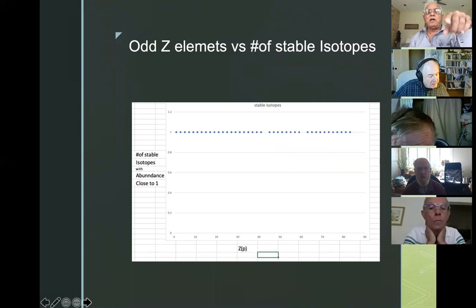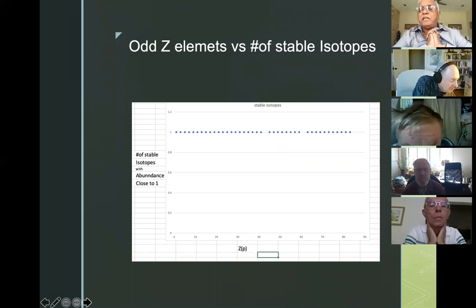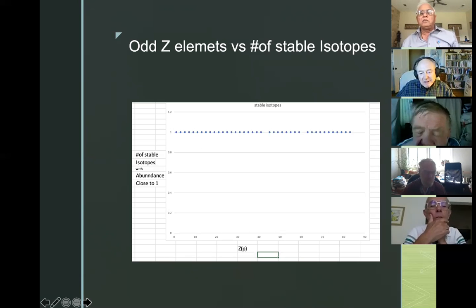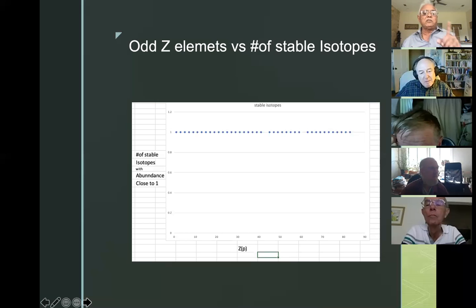This particular plot is very important, where I said, okay, let's look at odd Z elements, because odd Z elements always show either one stable isotope or one which is close to one, and then there might be one or two other ones, but in very minuscule amounts. So the probability of these odd Z elements having a stable isotope is only one, and that is one because there's only one abundant isotope in nature.